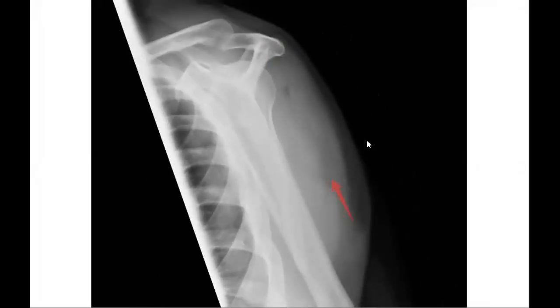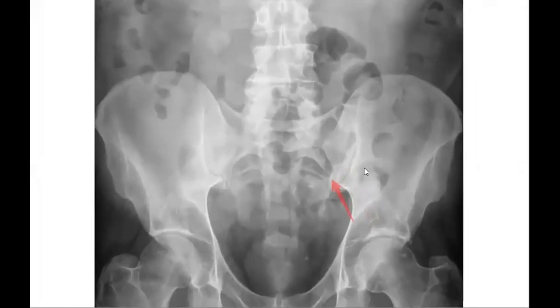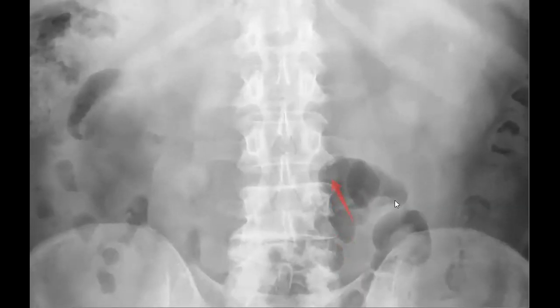Perfect. Sometimes the pathology can be acute, but easy one. So it is left renal stone.